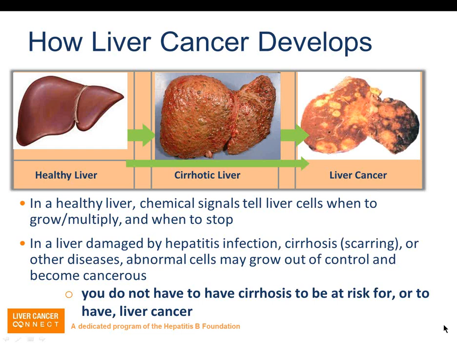There are chemical signals, genetic signals that tell cells when to grow in a healthy manner, when to slow down or when to stop, and when those signals are bad, the liver cells can grow in an uncontrolled fashion. And the classic setting is something like viral hepatitis.